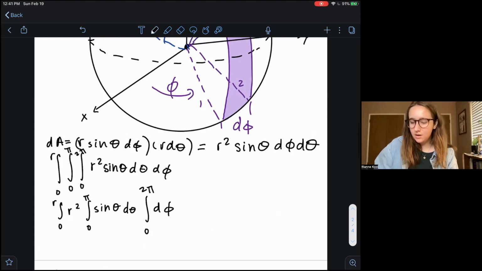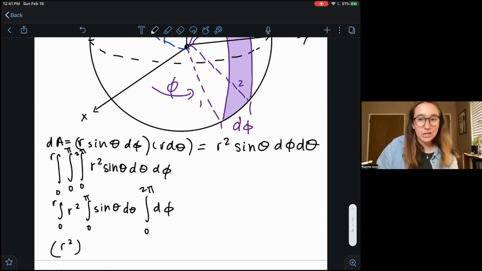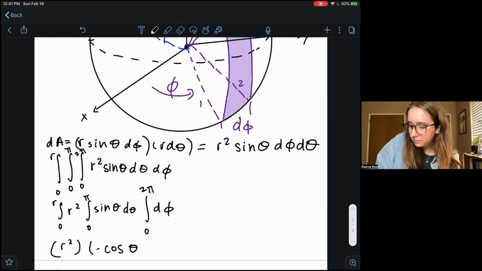Okay, so now we have our integral set up. Just a reminder, r is constant, so we're just left with r squared because there's no dependence on r. There's no dr in our integral, so it's just r squared. The integral of sine theta is negative cosine theta, and we're evaluating it from 0 to pi.